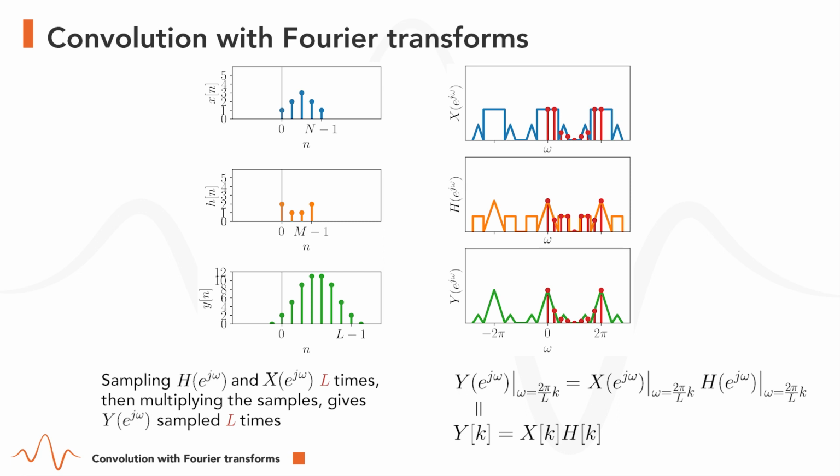The capital L samples of the discrete time Fourier transforms capital X and capital H are nothing more than the capital L values of the discrete Fourier transform. Thus, this procedure can be summarized as follows.